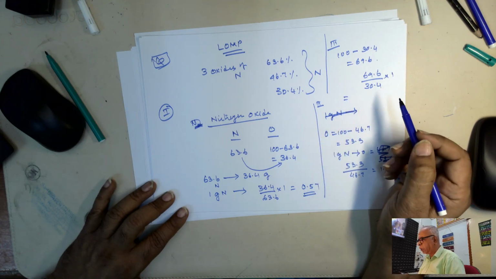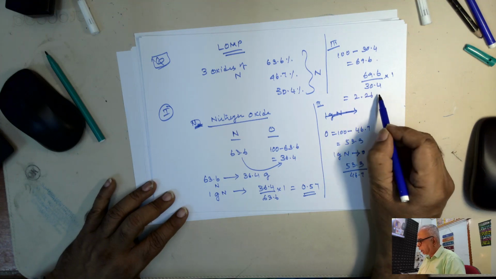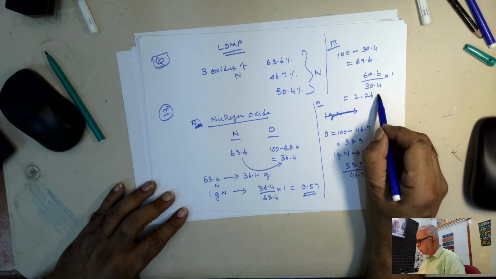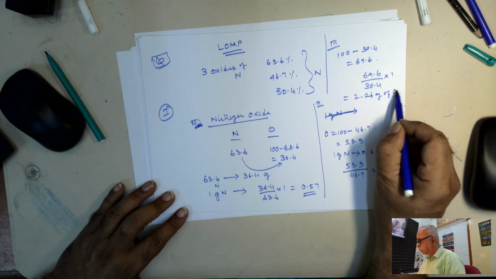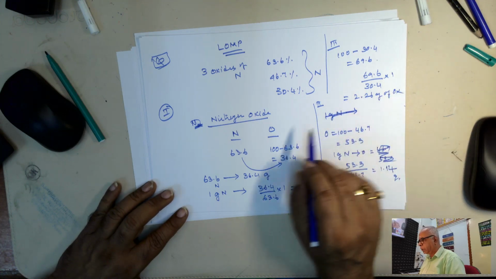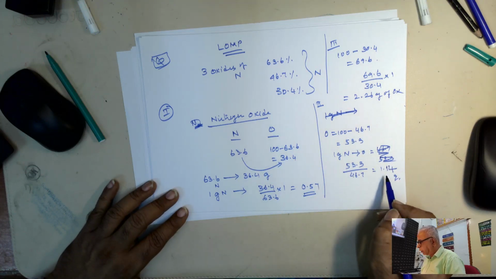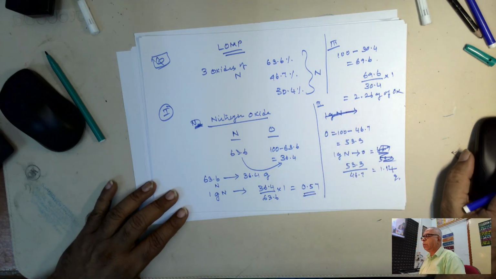Into 1 means how much? 2.26 grams of oxygen. You can take it as 2.26. So this one is the third ratio. Are you able to follow?